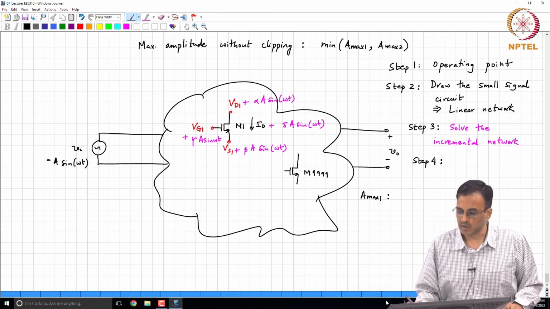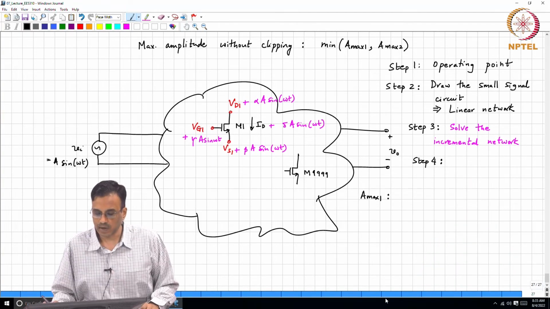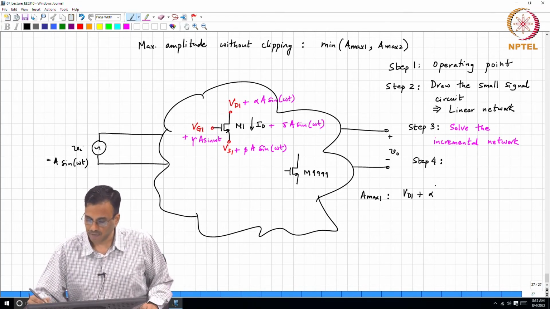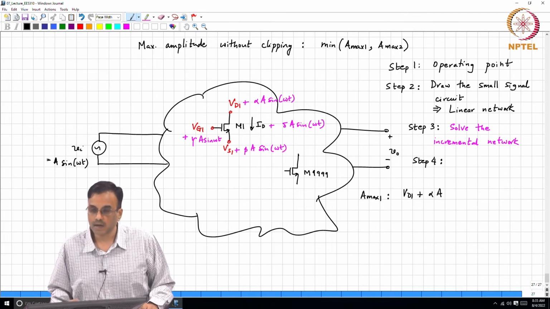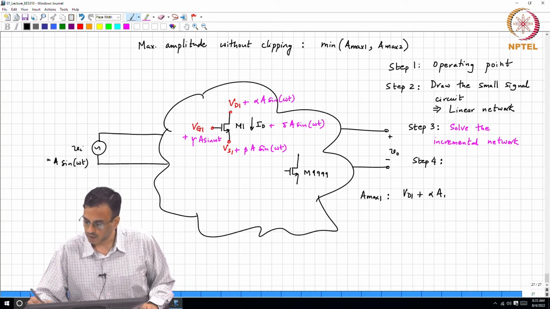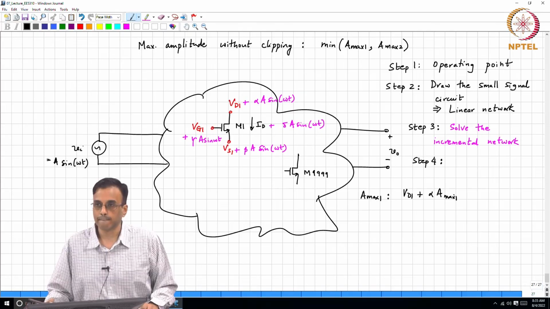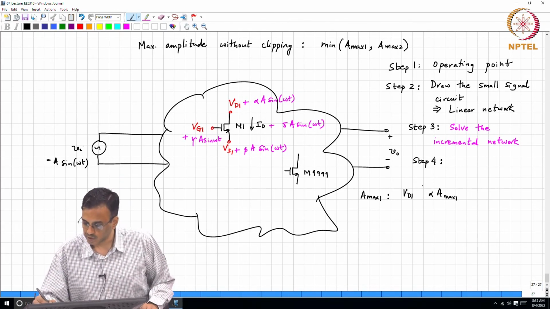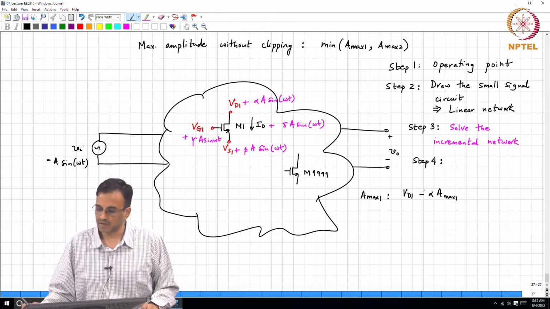So, what is the saturation limit, how will we figure that out? Yeah, so VD1 plus alpha A, or A max 1, or rather sorry, let us assume alpha, beta, gamma are all positive just for argument's sake.